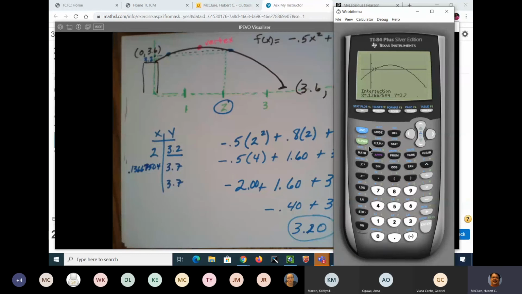Let's find our other X. Second, trace, intersect. All right, my guess is going to be over here. 1.463325.